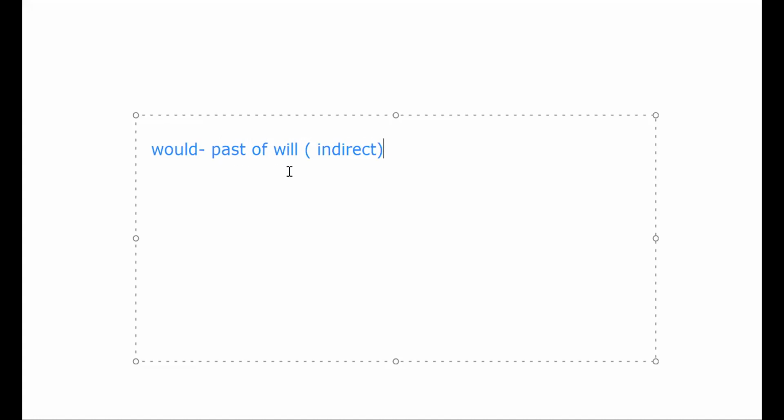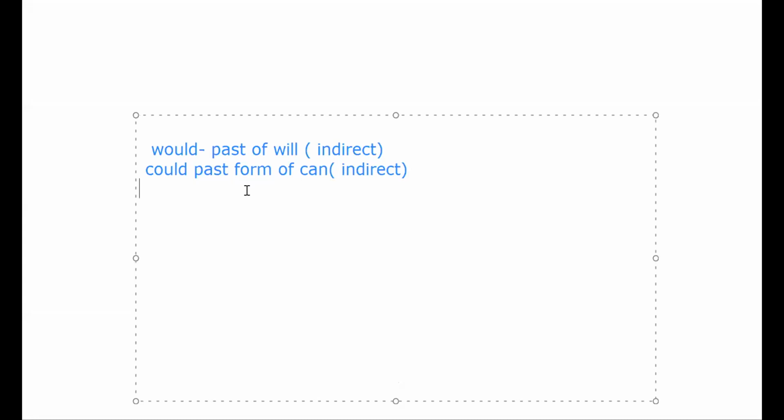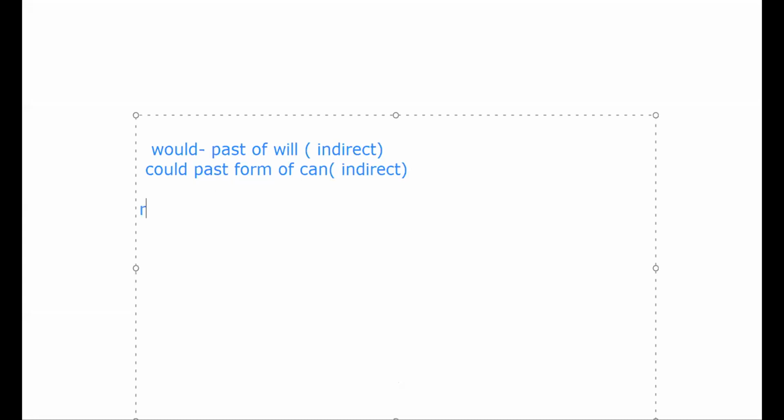Like, we have direct, indirect speech, we call them. We'll talk about that. And same with could. Could is, of course, a past form of can, and even this is used in indirect speeches. But guys, both would and could also be used for request and permissions. Polite way.